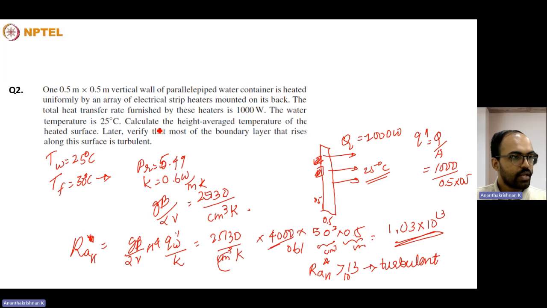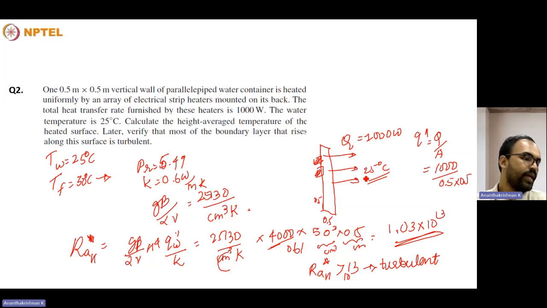What we are supposed to calculate is the height average temperature of the heated surface. For that, we require the Nusselt number. We know the water's temperature, so if we calculate the Nusselt number, from that we can get the average temperature difference between the surface and the water.